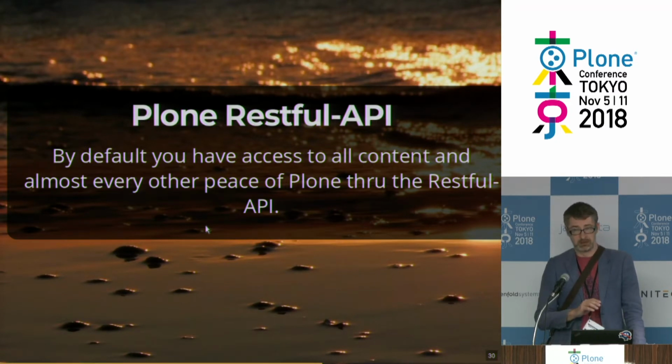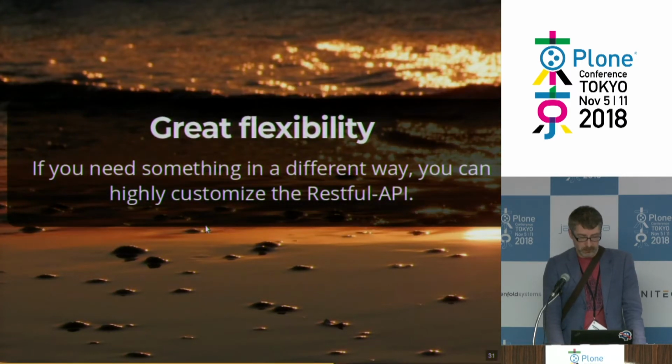You have access to most pieces like the control panels, vocabularies, searching, switching workflows, whatever you might want in Plone. Most likely you can do it with the REST API directly without doing any customization. But it's also really flexible.